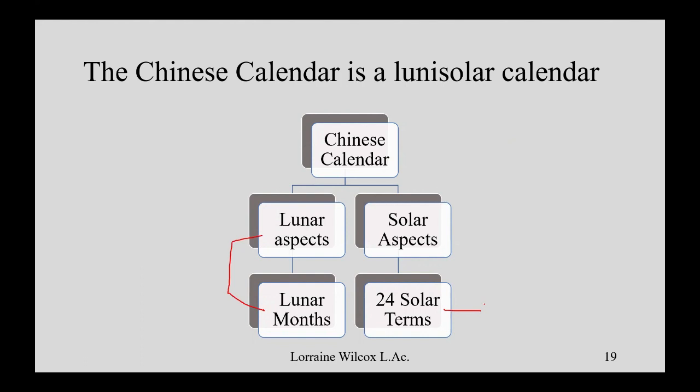So in the Chinese calendar, it does get confusing because there's some lunar stuff and some solar stuff. But our calendar in the West is similar. Ours is mostly a solar calendar because the equinoxes and solstices occur on a very specific day each year. And while there's a little bit of wobble in it, because remember, 365 days is not a complete year, it's 365 and a quarter days.